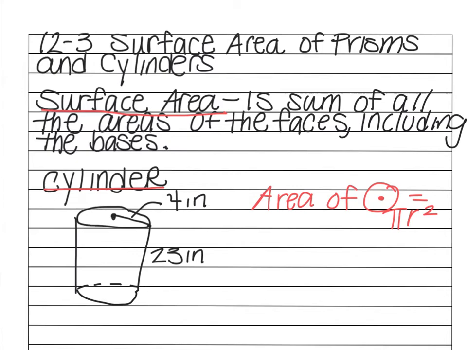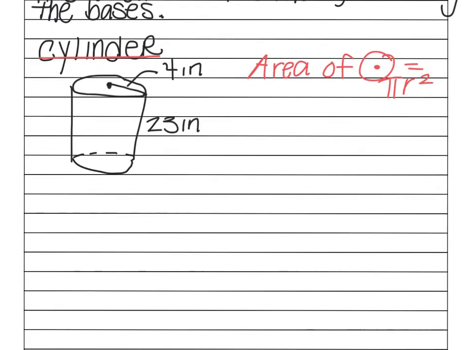First, with the cylinder, we are going to find the area of the two bases, which are the top and the bottom of that can, which are circles. The area of a circle is pi r squared, so we have to find the area of the two circles. Here we have our radius, which is 4. So we have pi times 4 squared plus pi times 4 squared.